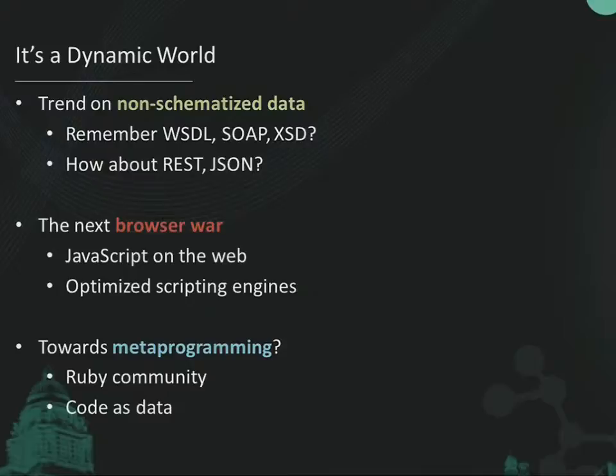And then we also have this trend of metaprogramming, where programs manipulate programs as data. Things like Ruby on Rails have made this big. Now we see those code-as-data mechanisms becoming available in many more places.